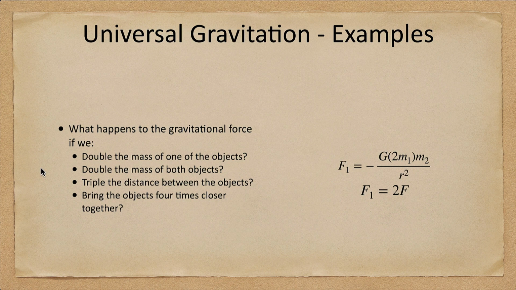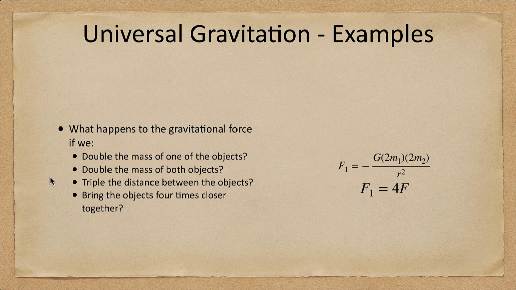What if we double the mass of both objects? Well, now we have the mass there twice. 2m and 2m, and 2 times 2 being 4, everything else is still the same. We will get the force being 4 times as much. So if we double the mass of both objects, the force would be 4 times as great.